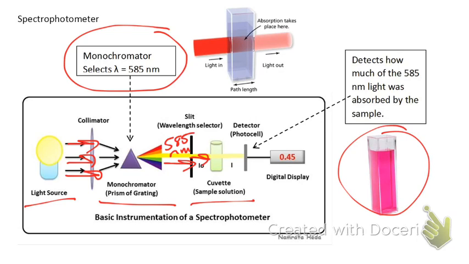And light from our 585 nanometer selected range in the visible spectrum is going to hit that cuvette, and the compound that's in that cuvette is then going to absorb some of that light, and the light that is not absorbed gets transmitted through the cuvette and then is picked up by a detector or a photocell.